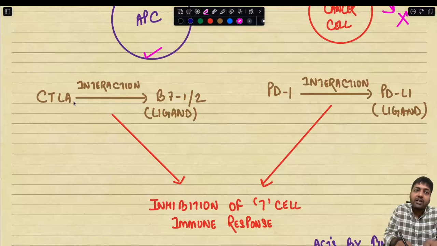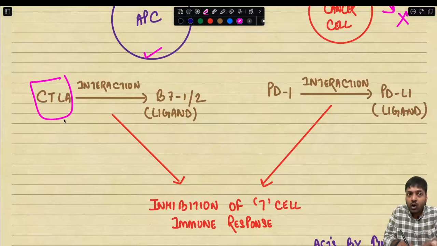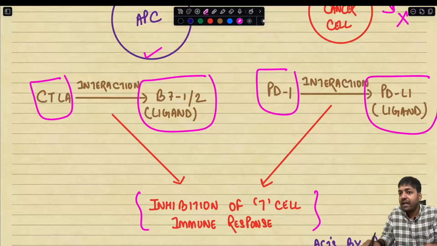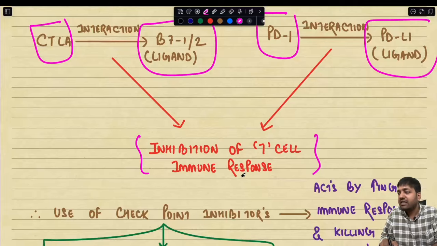So there are two interactions. Normally, when CTLA4 interacts with the B7-1 or B7-2 ligand, there is inhibition of the T cell immune response. Similarly, whenever PD1 interacts with the PD-L1 ligand, there is inhibition of the T cell immune response.